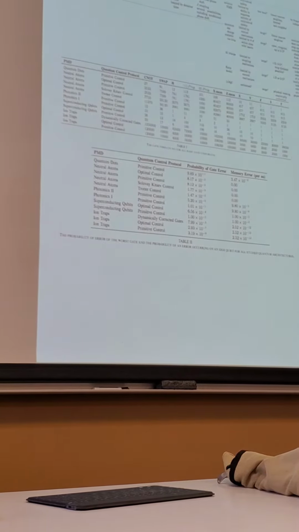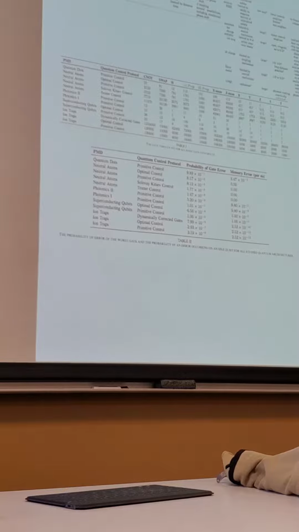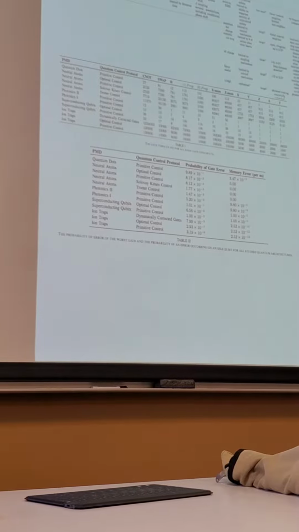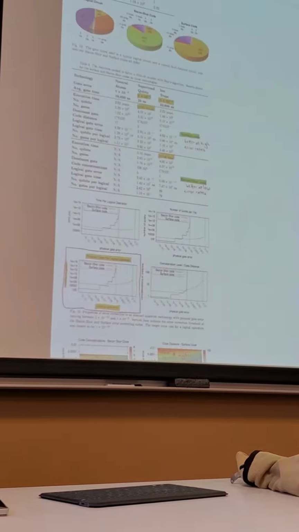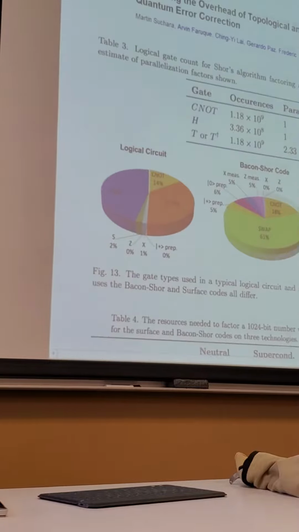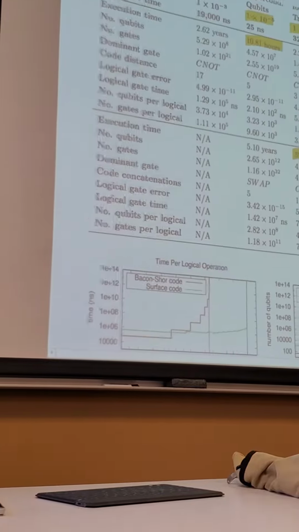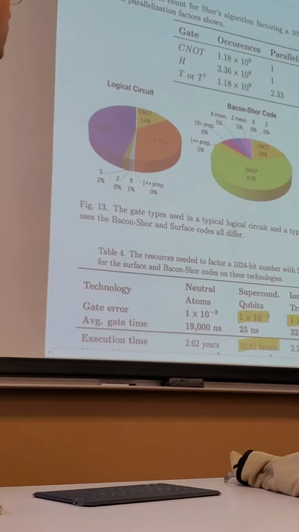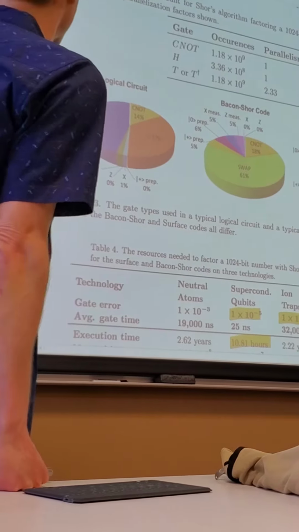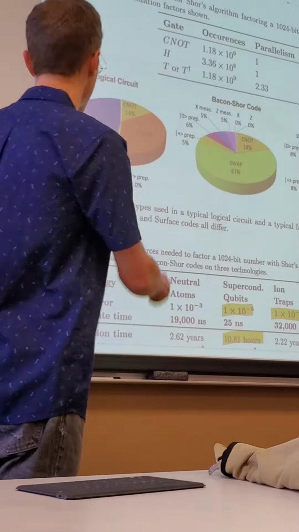Right. Maybe an even more interesting table is here. We'll get to these slides later, but this is just another table that does a little bit of comparison. What these guys did is they considered different kinds of algorithms.